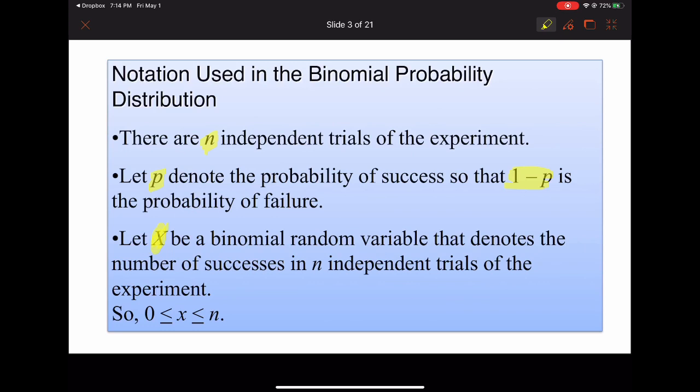But if I asked for the probability that the person viewed 3 movies on Netflix last month, my random variable would be viewing movies on Netflix: how many people viewed 3 when I drew 20 people out of the population. You'll see, we'll do some examples.